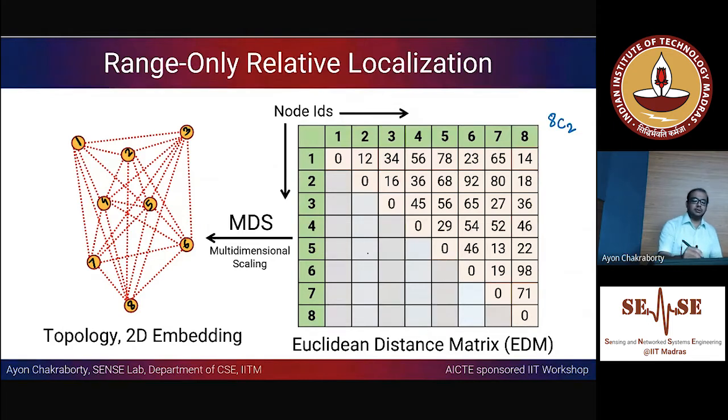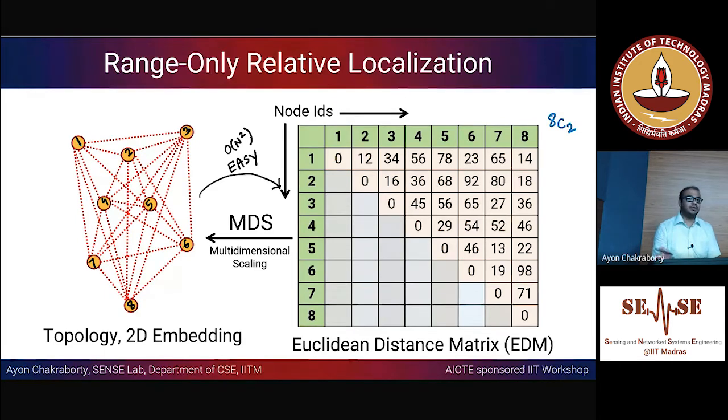So that is the sole job of this particular algorithm, right? Whereas the other way around is very trivial. If given this graph, you can very easily come up with this Euclidean distance matrix. This part is very easy. Okay, so you basically have an algorithm that can take the graph and compute the EDM.